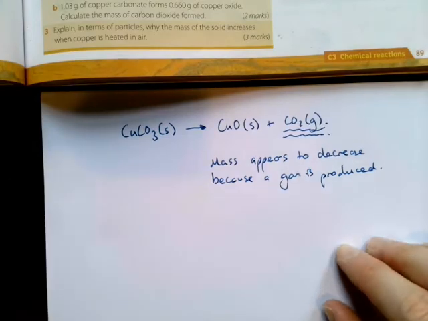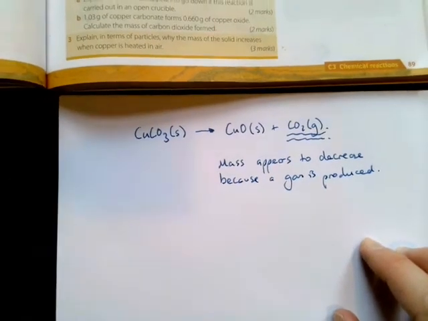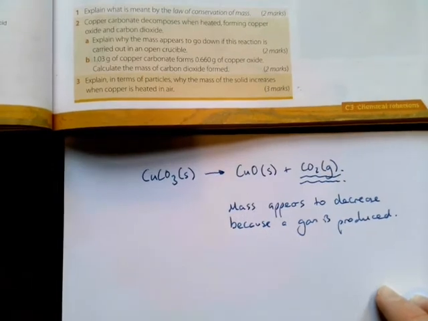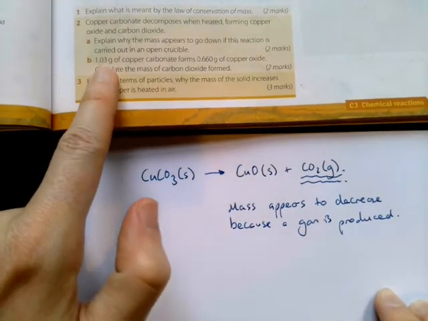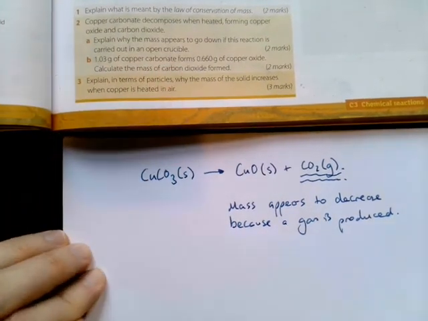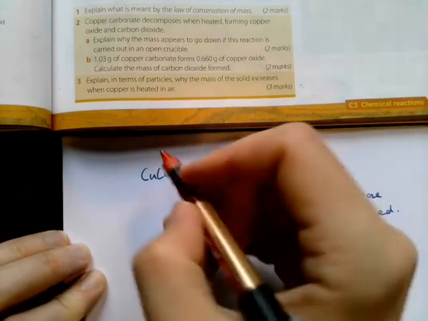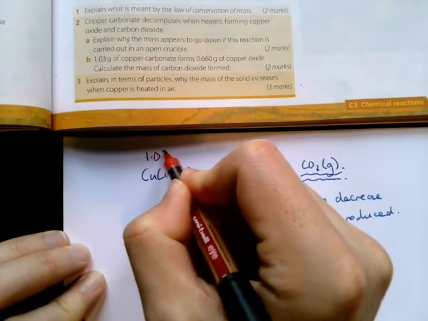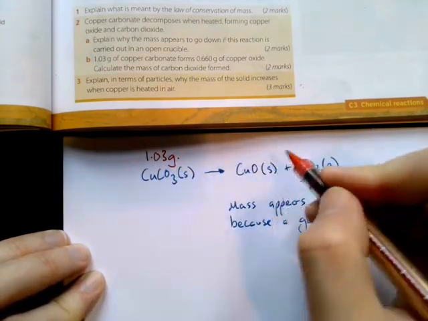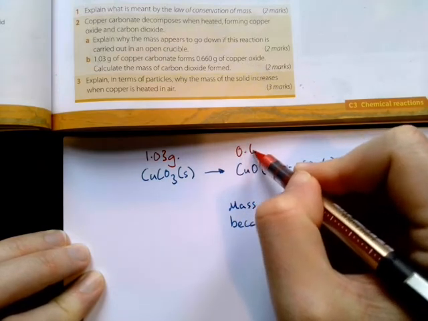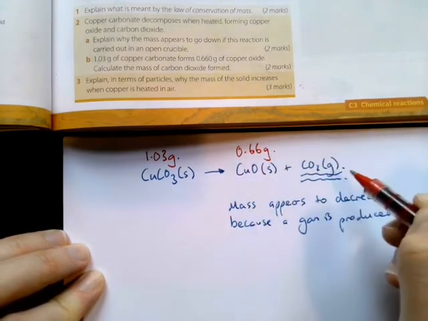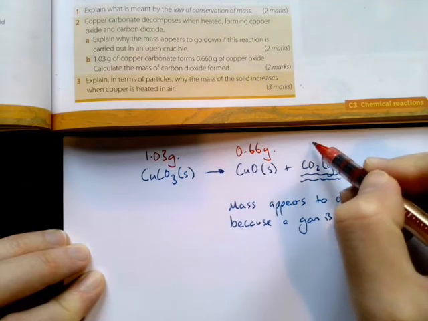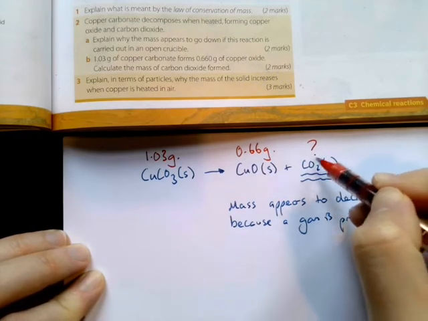Now the next question asks us, you can see it up here, 1.03 grams of copper carbonate forms 0.66 grams of copper oxide. Calculate the mass of carbon dioxide made. So how much carbon dioxide am I going to make?